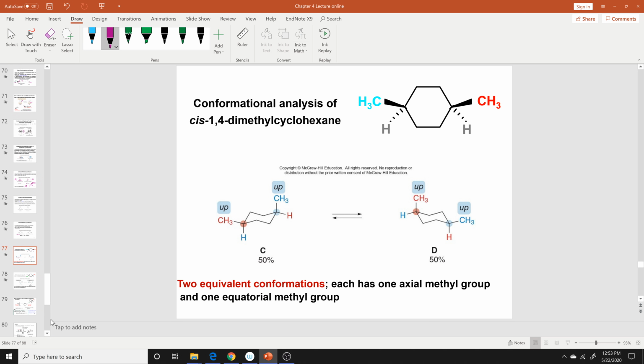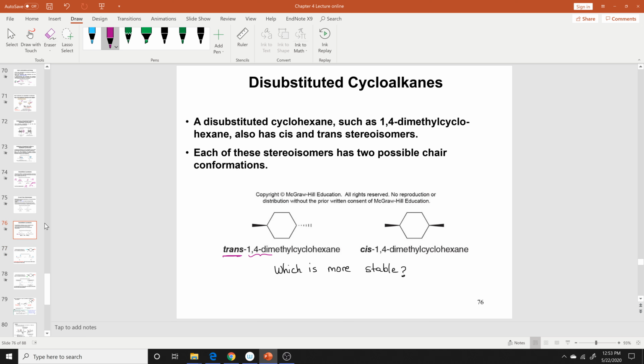Okay, so let's have an example over here. If I tell you in the question that you have 1,4-dimethylcyclohexane and I want you to draw all the conformations, so draw all the possible conformations of the 1,4-dimethylcyclohexane. I didn't specify the cis and the trans.